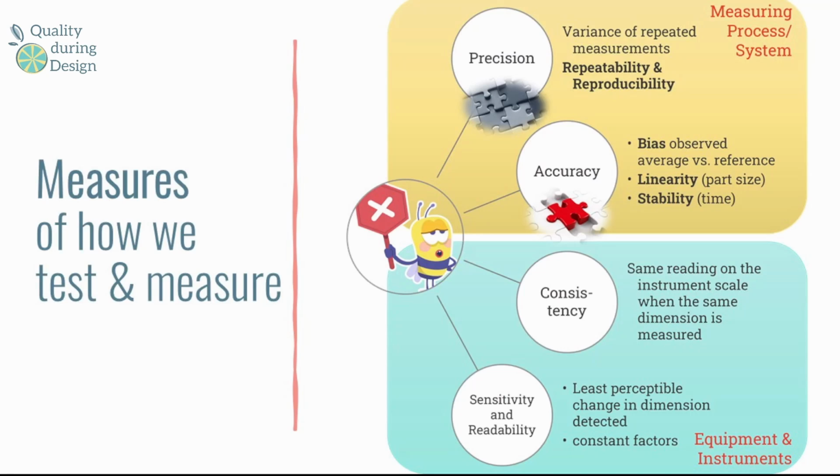When we're thinking about equipment and instruments, we can evaluate those for their consistency and their sensitivity and readability. Consistency is the ability of the equipment to give us the same reading on the instrument scale when the same dimension is measured. Sensitivity and readability are more constant factors about the equipment and instrument.